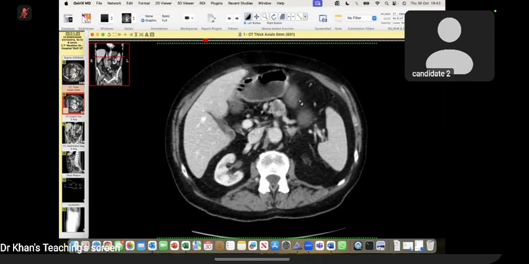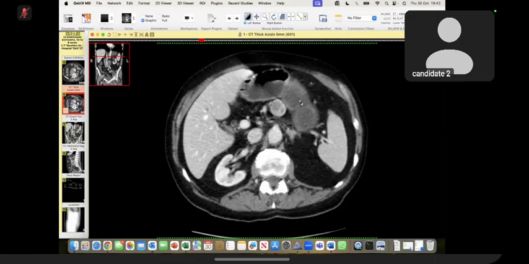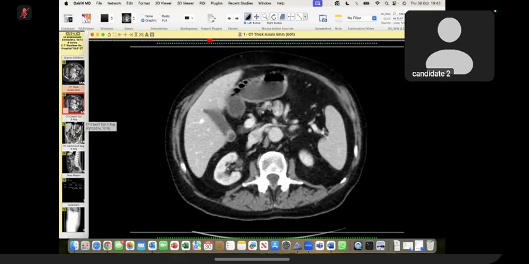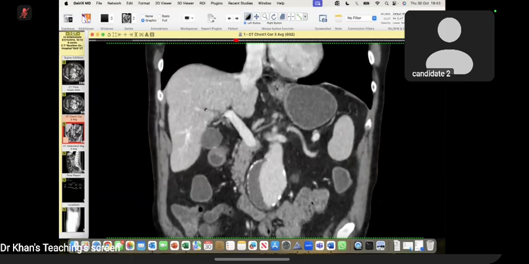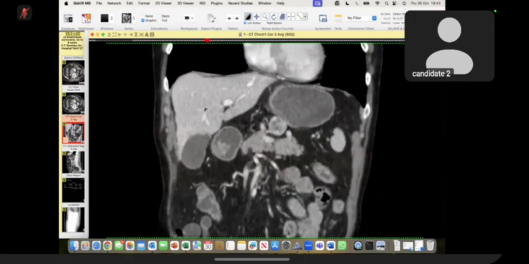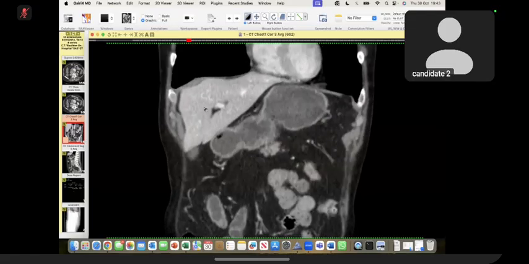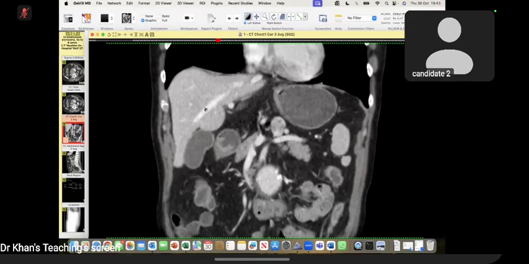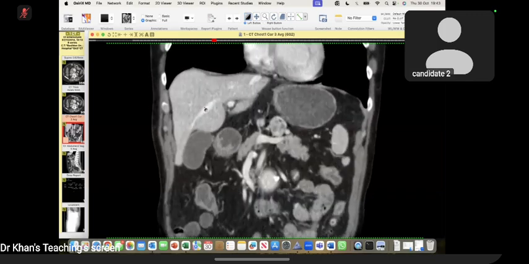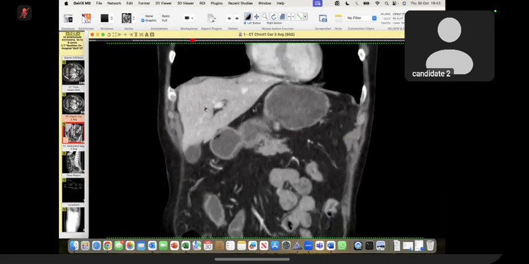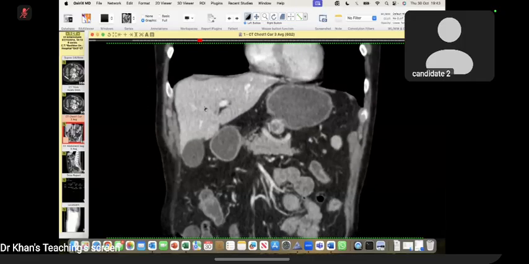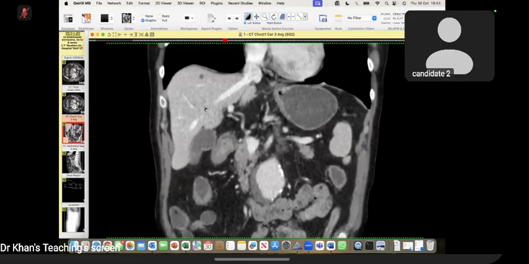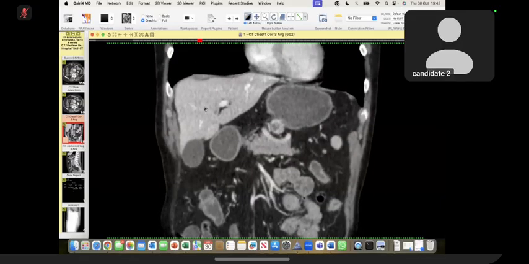In my actual practice, I would use the coronal and sagittal reformats to look if it's exophytically placed within the pancreatic body. Though in axial images, it does not appear to arise from the pancreatic parenchyma. The same well-defined lesion is again noted, clear of the pancreas with clear fat planes with the stomach as well.